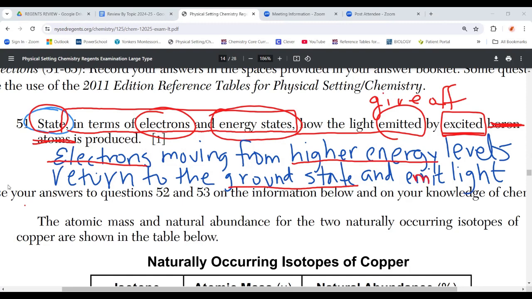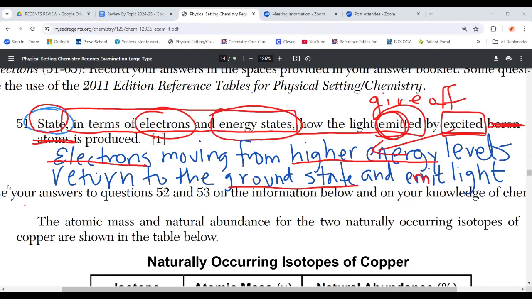I am reusing their word emit, and I am reusing these terms, but I am demonstrating to them that I know because I'm telling them I'm going from a higher energy level to a ground state level. If you wanted to borrow more of their language, you could say that the electrons are moving from the excited state to the ground state, and that would help you out a little bit more.